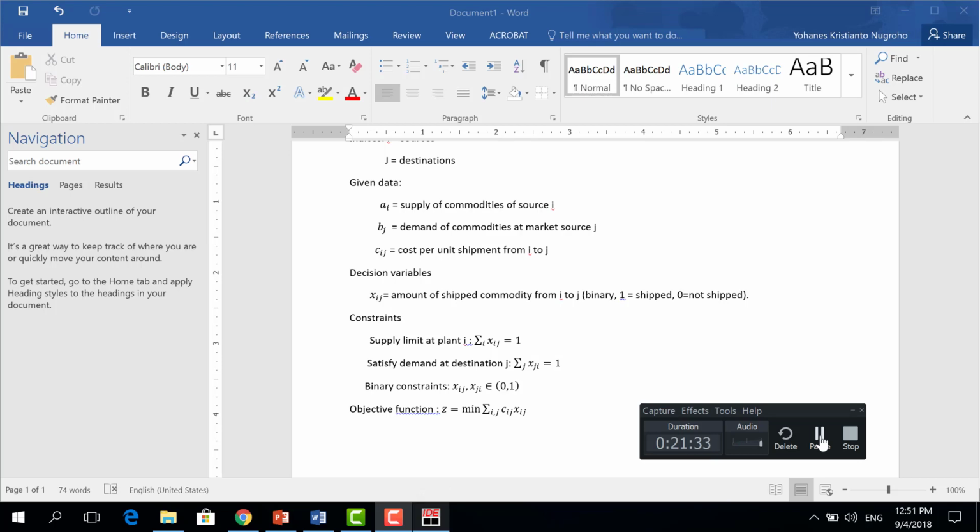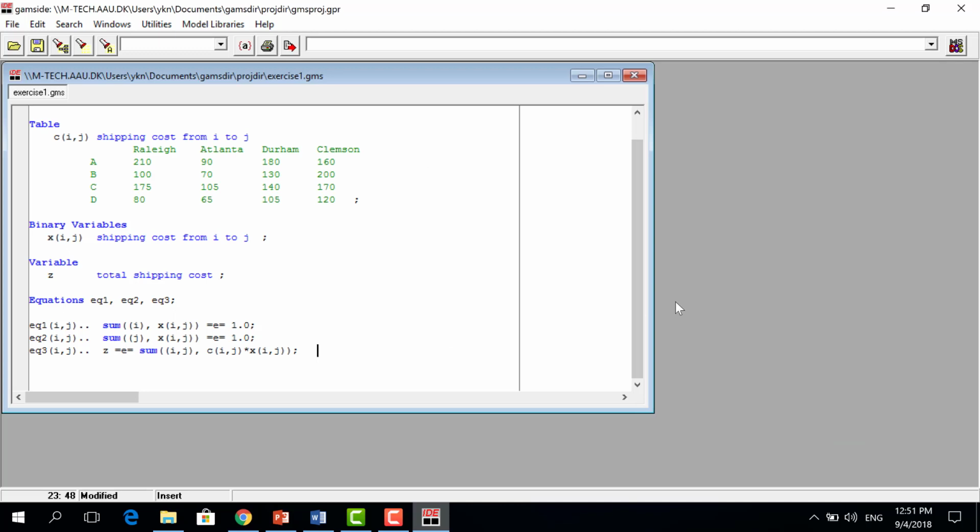Okay, now we have completed the overall formulation of this assignment problem in our class assignment. What is left? We need to include all the equations we used in our processing, and therefore we put model here. So we have to name our model, just put assignment, and here EQ1, EQ2, EQ3, and a semicolon.